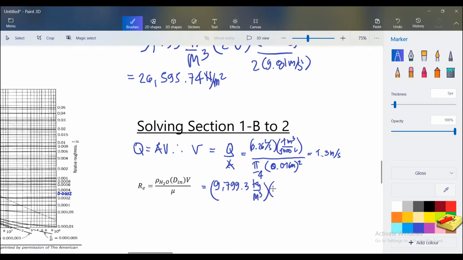Then the diameter, we have your 0.016 meter. Then the velocity, which is 1.3 meter per second.